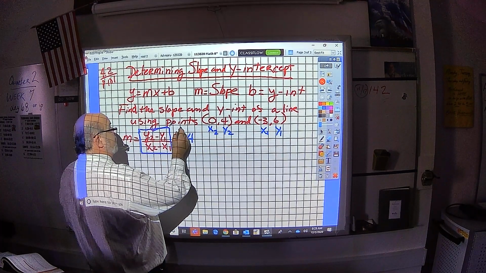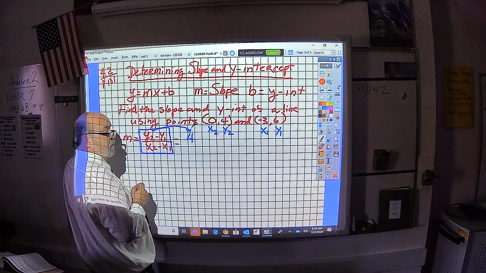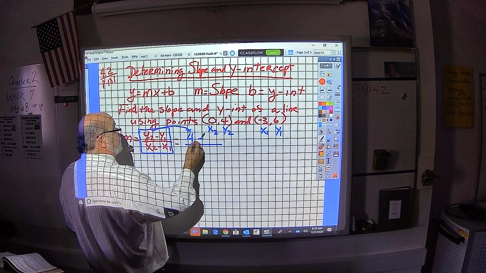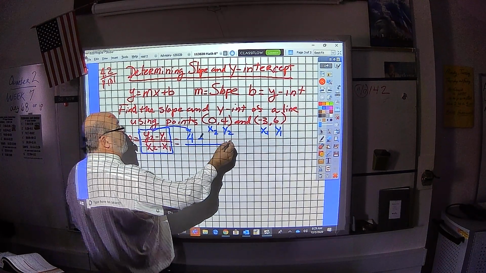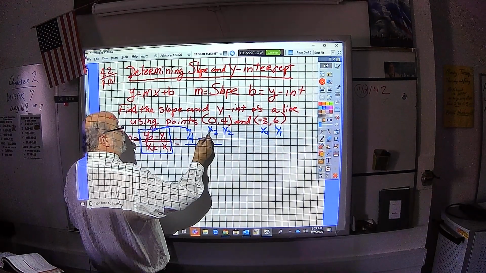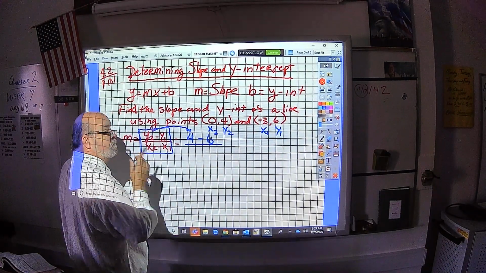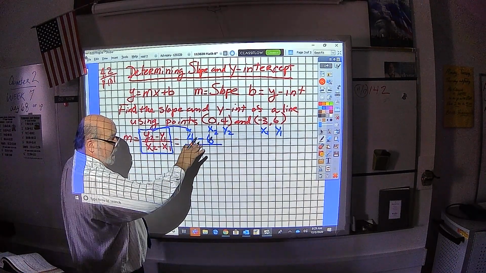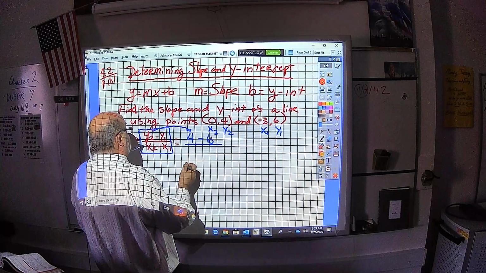We're going to take that, we're going to subtract y1. Well, there's y1, 6, right? So far so good. And we could continue right now with doing that math, but let's write it all out first.